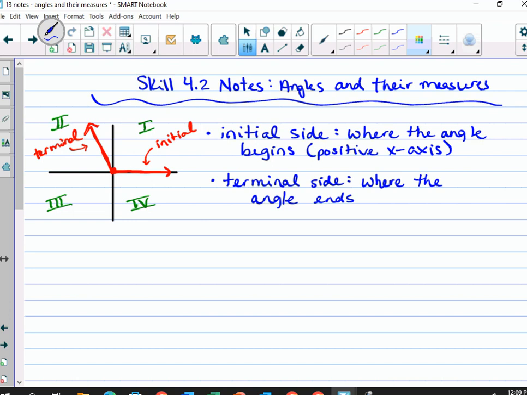All right, I can have a positive angle. And this happens when the angle travels counterclockwise.